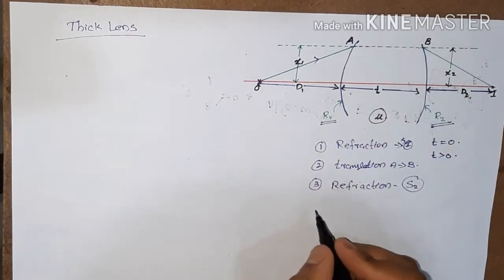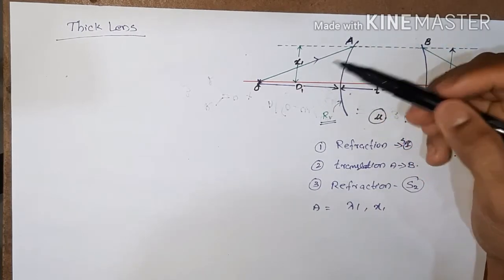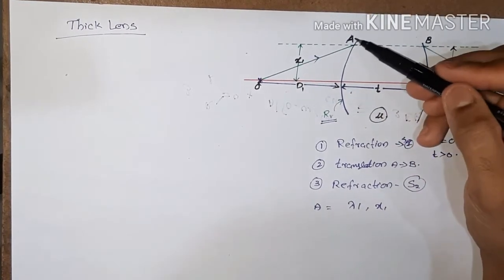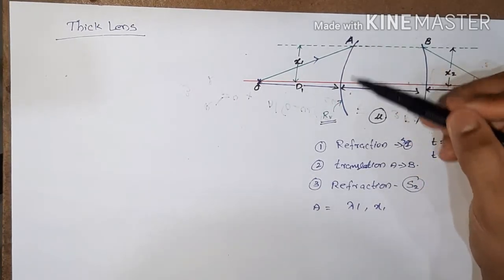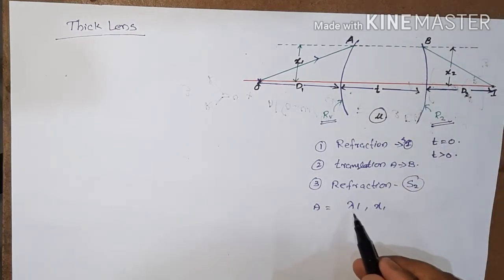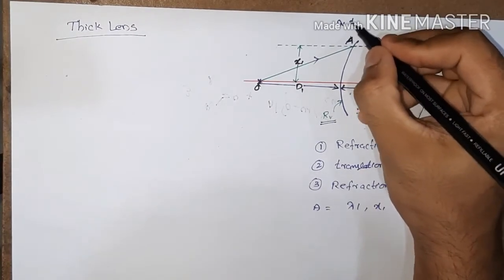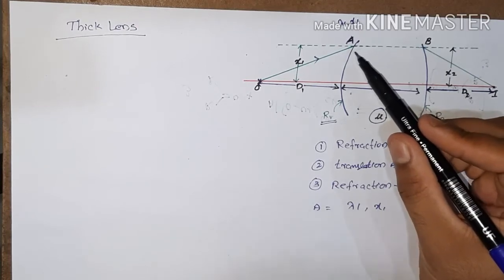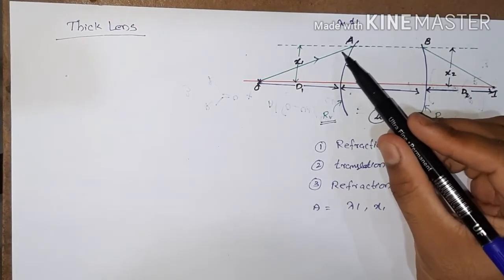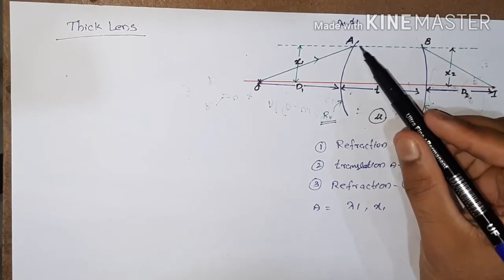So I can represent point A with the coordinate lambda 1 and x1, where x1 is the distance of point A from the optical axis, and lambda 1 is the optical direction cosine corresponding to point A. Note that I am not denoting alpha 1 or angle theta 1 here, because it is already understood by you.